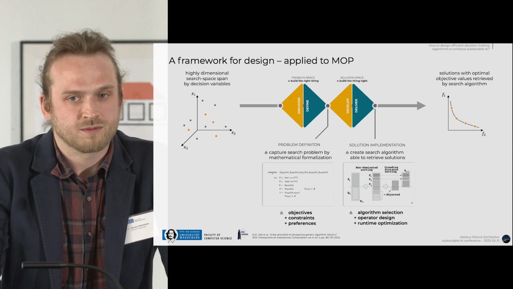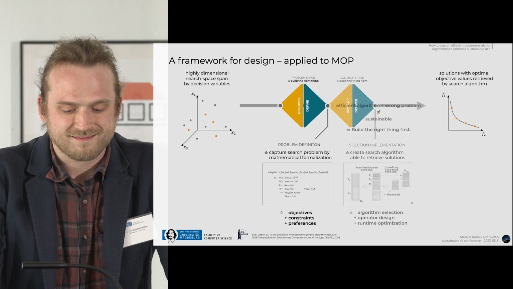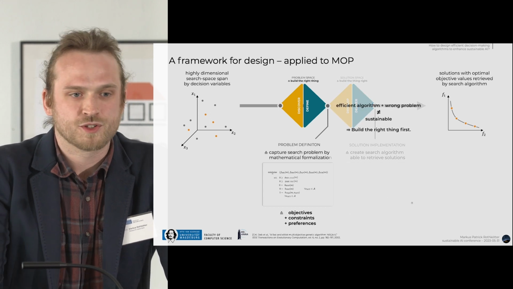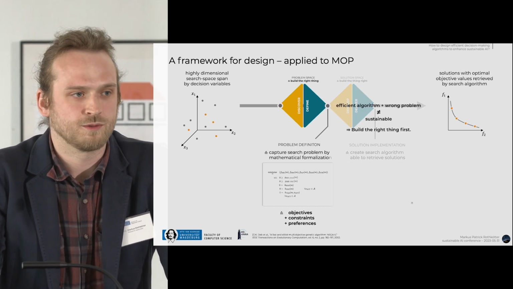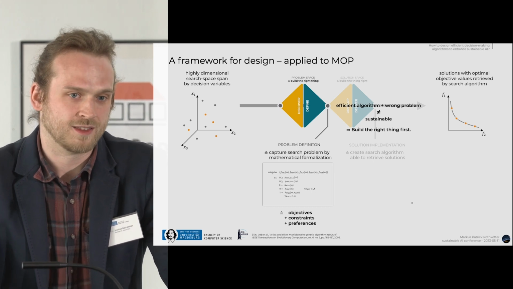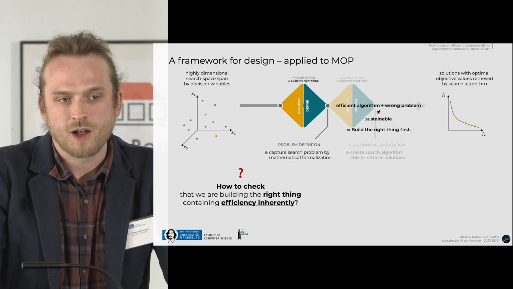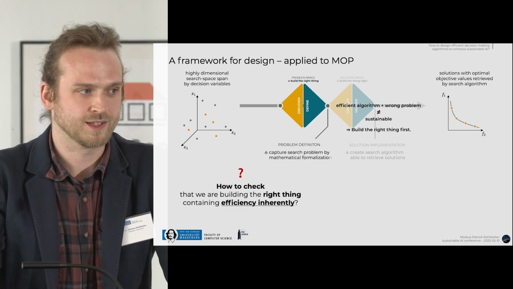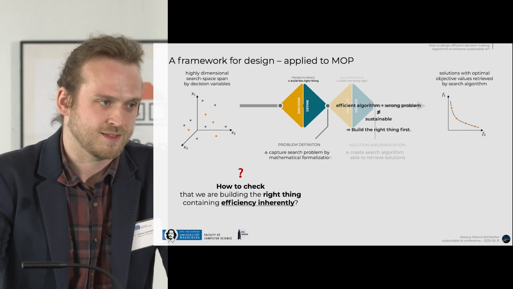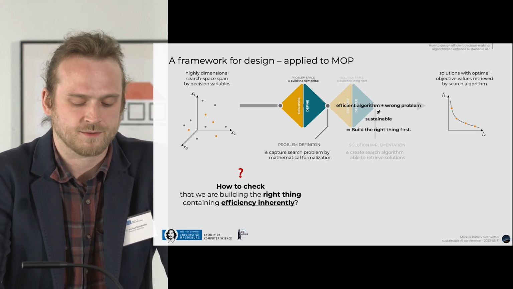Currently, we are quite good at stuff like runtime optimization, but even if we have the most efficient algorithm, if we run on the wrong problem, it's not sustainable. So we have to build the right thing first. And therefore, the big question is, how do we check that we are building the right thing, which is therefore inherently efficient?